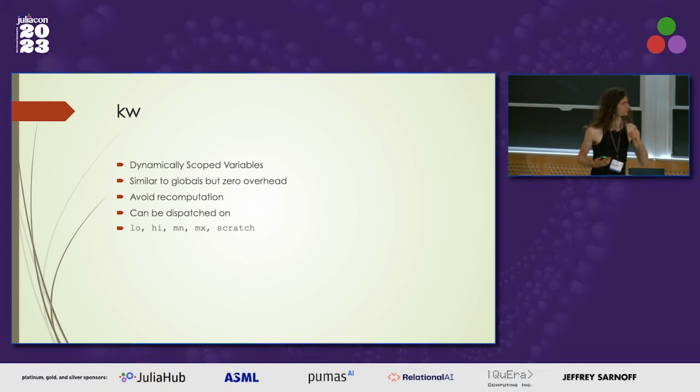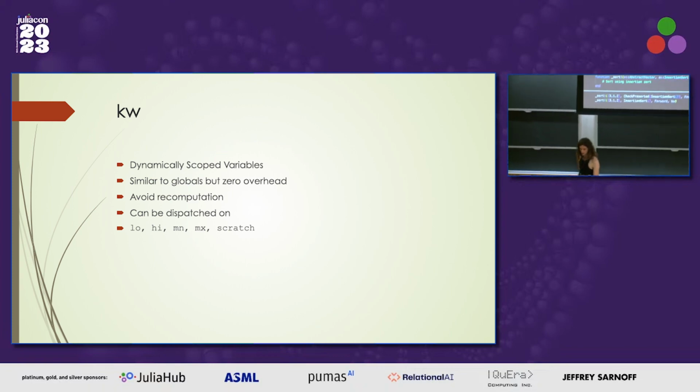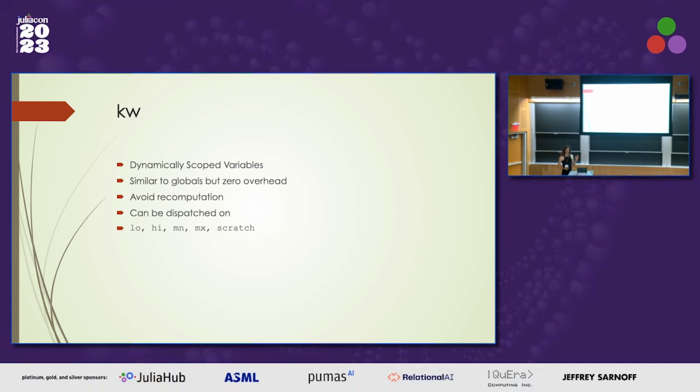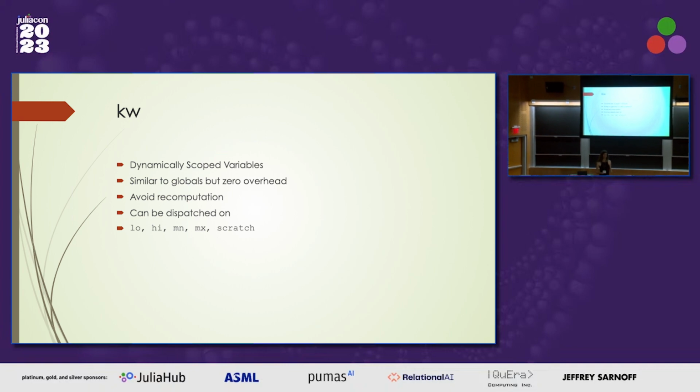There's this keywords function. This KW stands for keyword. Those are kind of weird. Why that's there is to pass around dynamically scoped variables. There's a lot of things you might want to keep track of in sorting. You might want to pass things from one method to another, from one optimization to another. Like low and high are the first and last index that are going to be sorted.